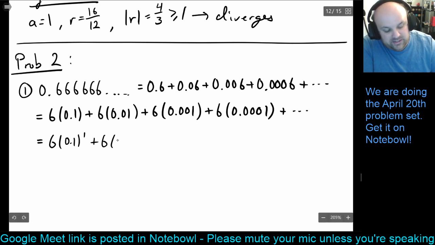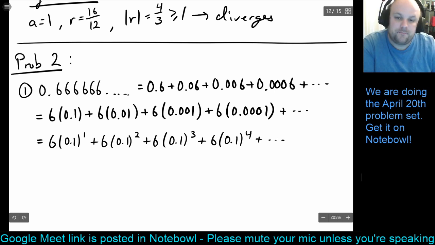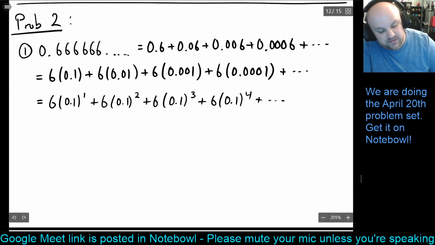This is 0.1 to the second power. This is plus 6 times 0.1 to the third power, to the fourth power, and so on. So once we're at this stage, we can see it's a geometric series. And so we can rewrite it as a geometric series.